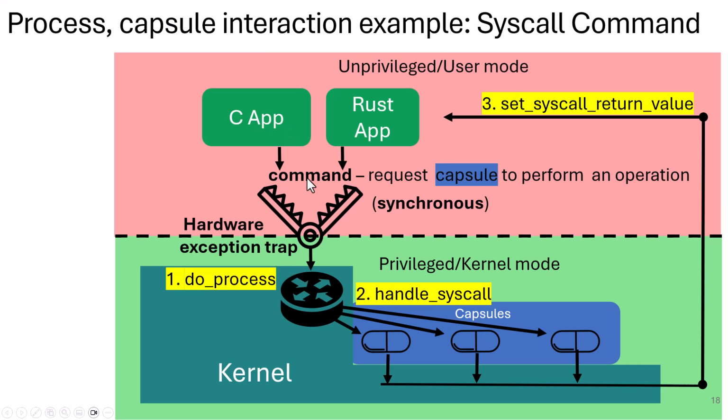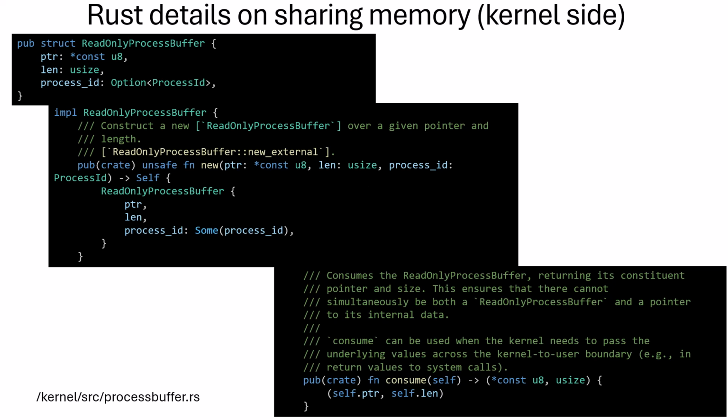If we look at the other part of that example with the sound, there was setting up the buffers, and you had the allow of read-only and read-write. And if you take just a quick look at what's going on inside the kernel as far as Rust data structures associated with that sharing memory. So on the kernel side of that allow buffer, you can see some of the data structures involved.